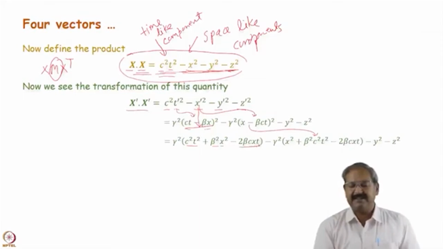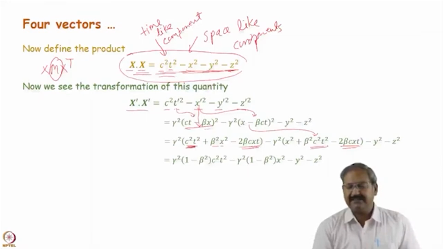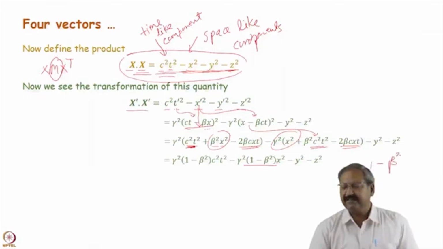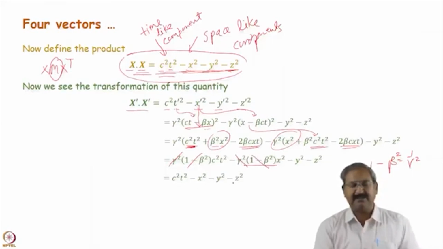You can see that the cross terms cancel out. Taking c square t square common, you will get gamma square times 1 minus beta square times c square t square, and similarly gamma square times 1 minus beta square with x square, minus y square minus z square. 1 minus beta square is 1 by gamma square, so these cancel out and you get c square t square minus x square minus y square minus z square.